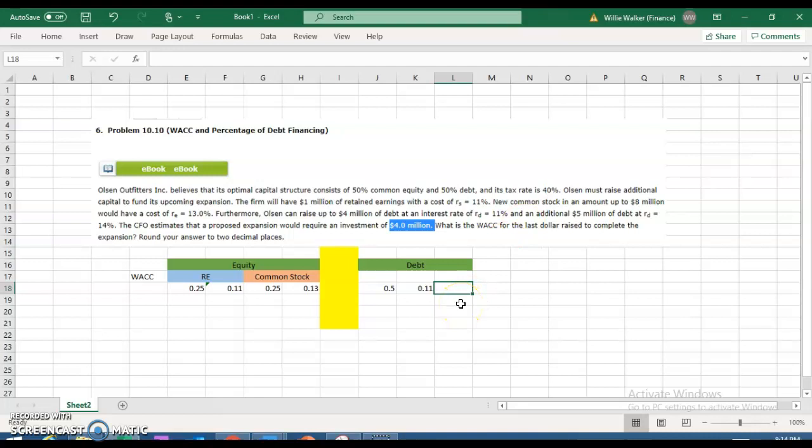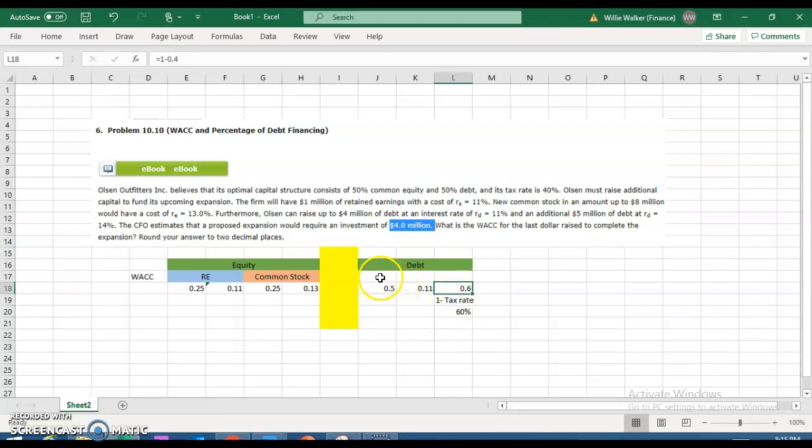So we have to multiply our weighted average for the debt times the cost of debt times 1 minus tax rate. The tax rate is 40%, so it's going to be 1 minus 0.40, which is 60%, okay?